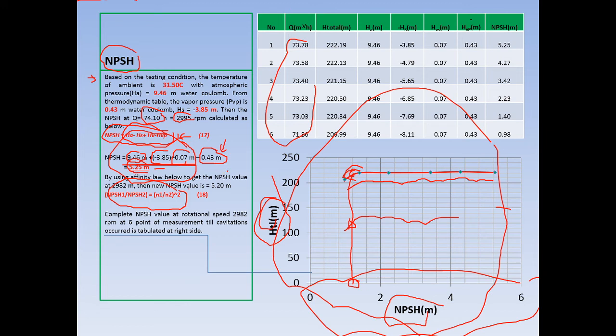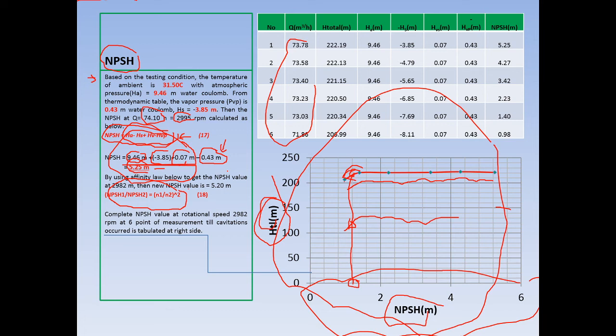So it means the head, the minus head, we call negative suction. You put 5, so already 0. So at least 1.5 meters.